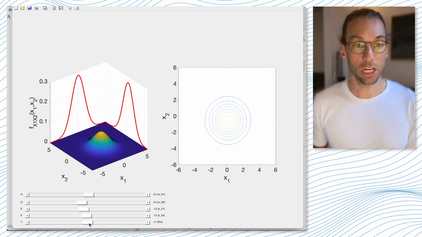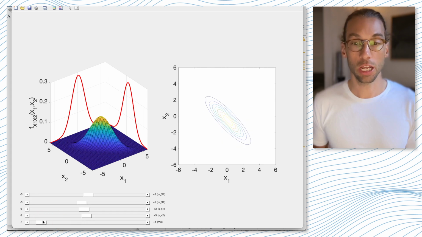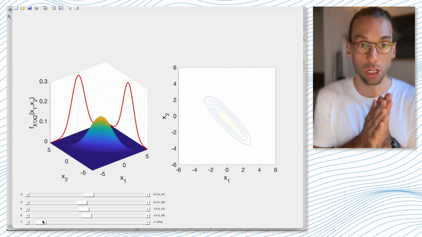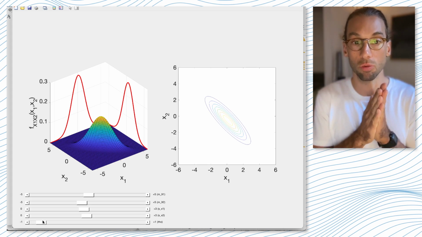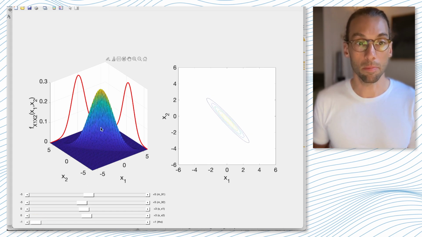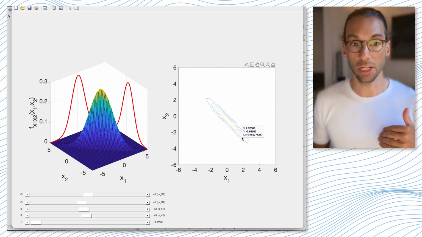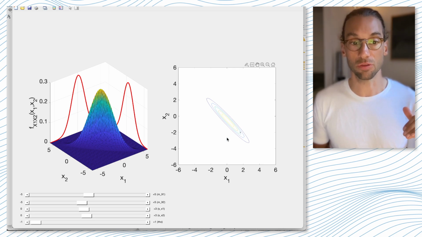And finally, if I change rho, my correlation coefficient, I'm going to change the elongation. So if I have now a negative correlation, something close to -1, what we're going to see is that we model something for which if we have a high value for x1 as a realization, it increases the likelihood that I'm going to have a high negative realization for x2.